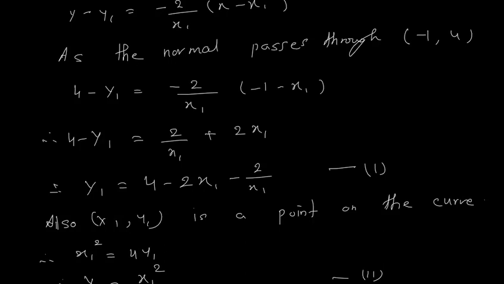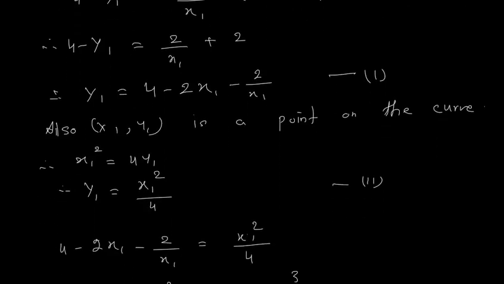When we open the bracket, it is 2 upon x1, and then this x1 and x1 will cancel and we have plus 2. So this will be only 2, right? Okay, fine. So y1 is equal to 4 minus 2x1 minus 2 upon x1, and this should be minus 2. So we remove this x1 and we will say minus 2.